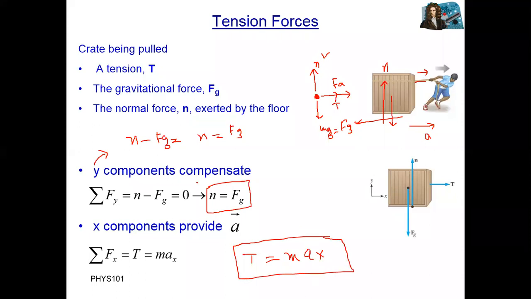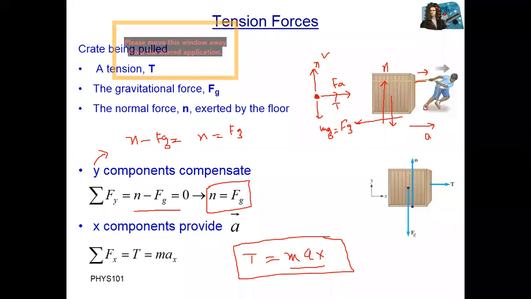For the y-axis, the sum of all forces is equal to 0 because there is no vertical motion. The crate is moving horizontally, not vertically. If there were vertical motion, we would need to write may, the mass times the acceleration produced in that body. You can see here the second equation.